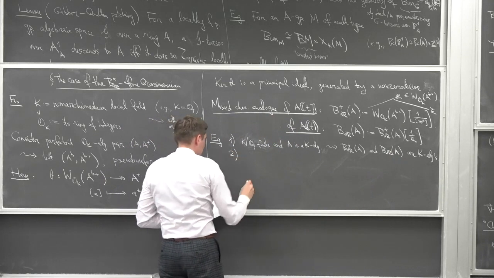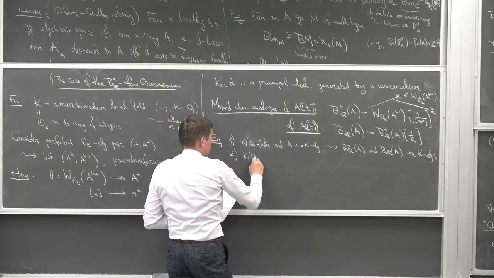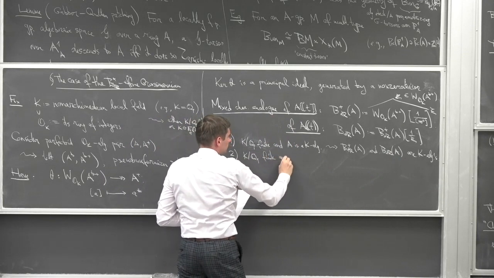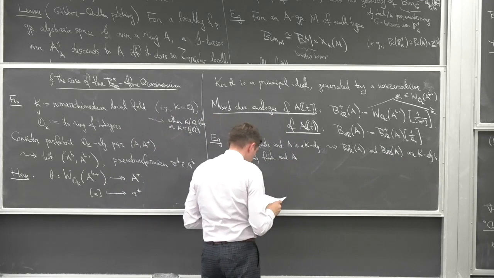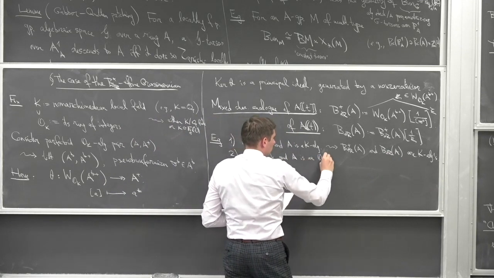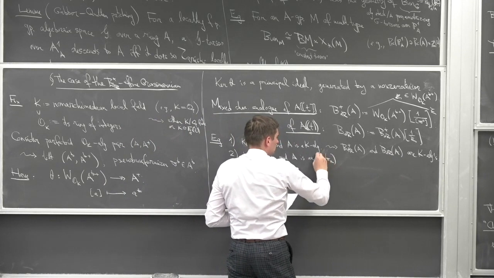Okay. Second case, the case over Q_p finite again, but A now is an algebra over the residue field, so a uniformizer algebra.